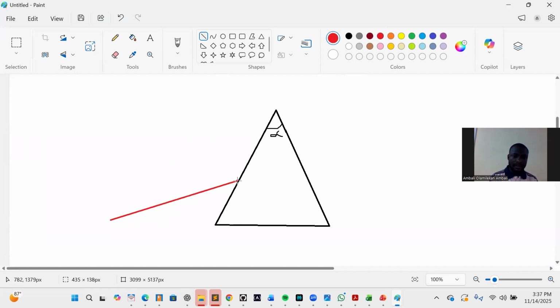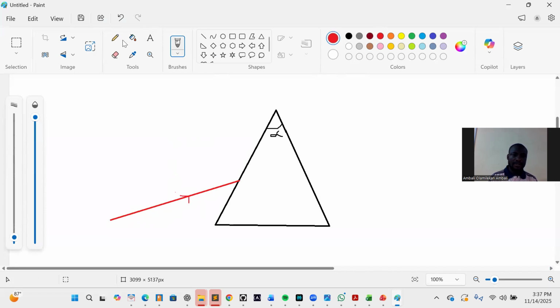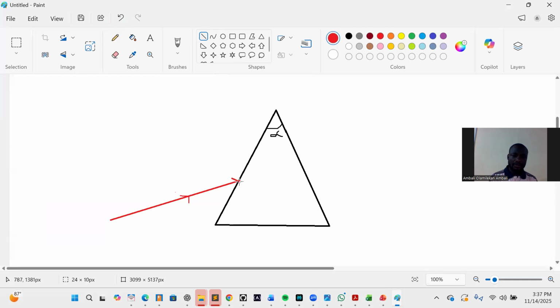This is the convention in optics: once you do not put any medium, it's assumed that the surrounding medium of the prism is air. So they are here, and this prism, of course, is glass. So it's moving from a less dense medium, air, to a glass prism, a denser medium.